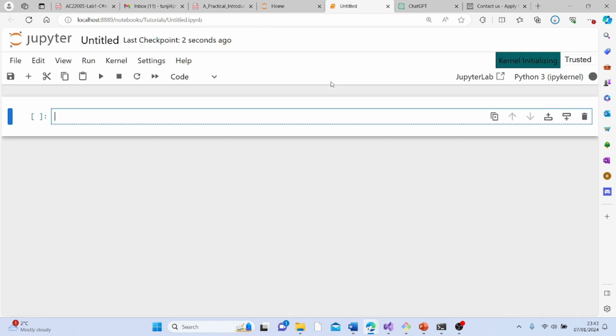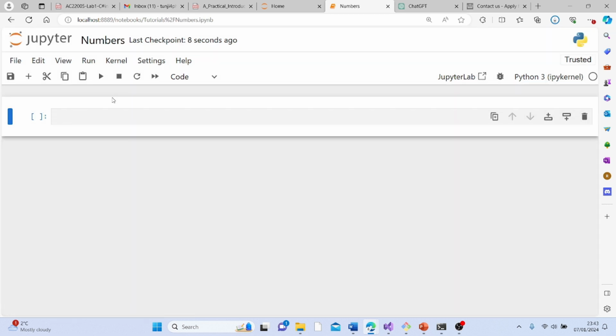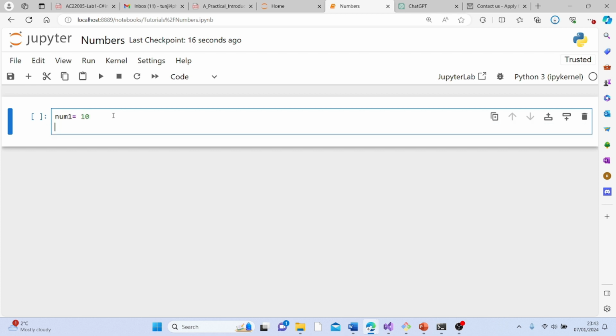I will open a new notebook which I will name numbers. Previously you've seen us assigning integer values to variables. For example, you have num1 is equal to 10 and num2 is equal to, say, 10.2.